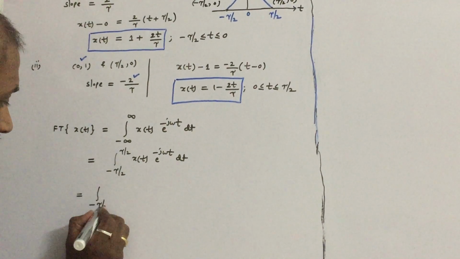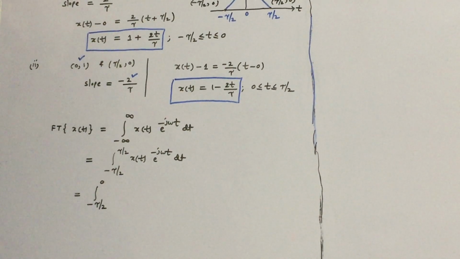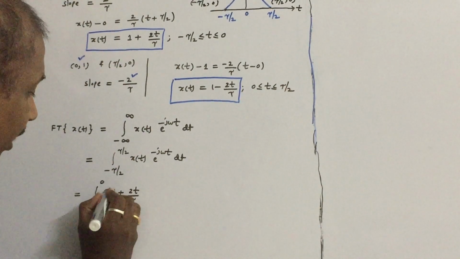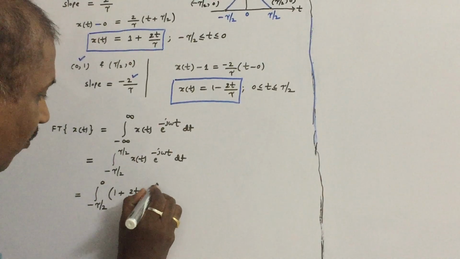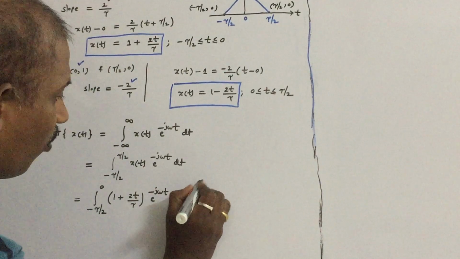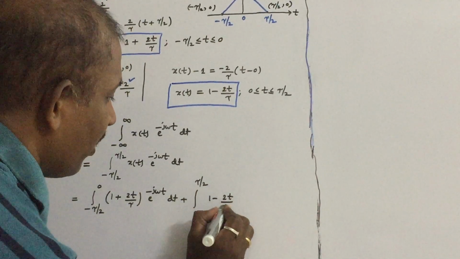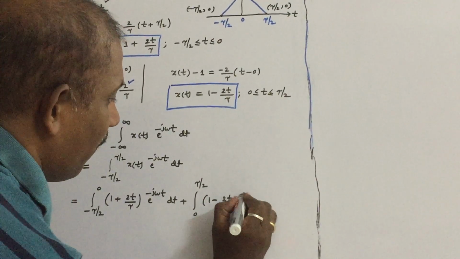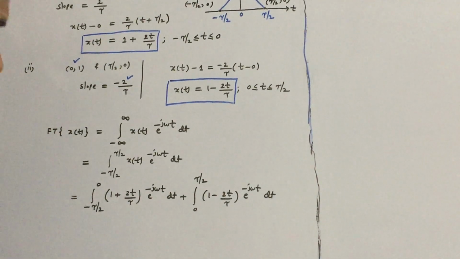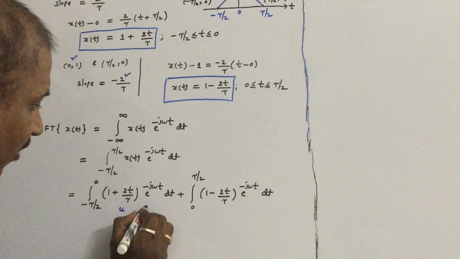Let us separate these integrals and split the limits. From minus τ/2 to 0, x(t) is 1 plus 2t/τ, into e^(−jωt) dt, plus the integral from 0 to τ/2, where x(t) is 1 minus 2t/τ, into e^(−jωt) dt. Just integrate these terms by applying the uv rule, where u is this term and v is this term.